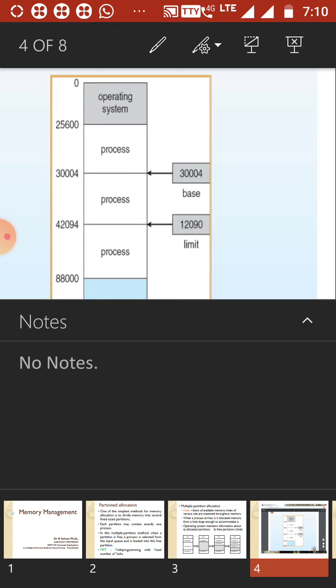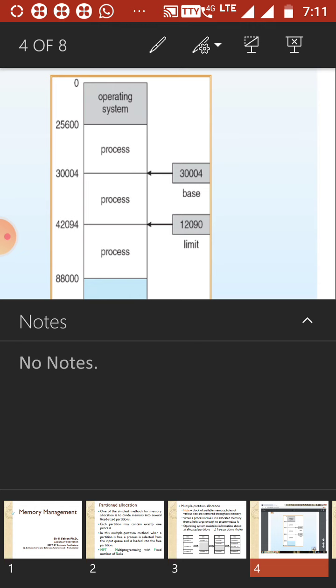From this starting location, at the 65th location the instruction is available. Very clear? So the location of the instruction to be executed next is 30,004 plus 65, so 30,064.